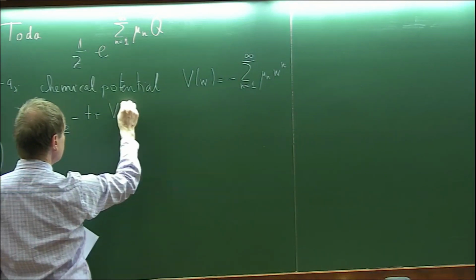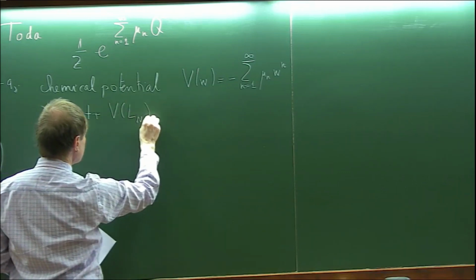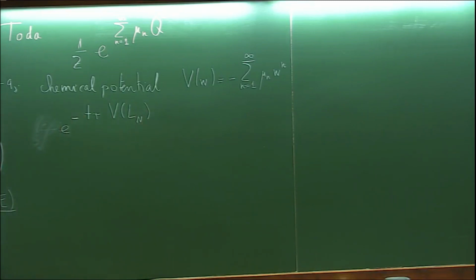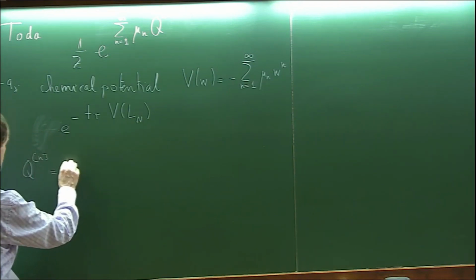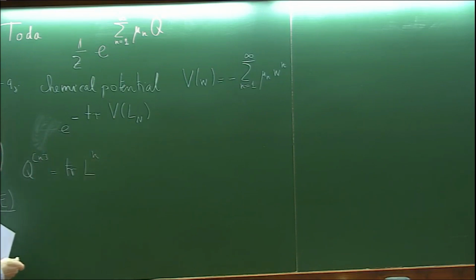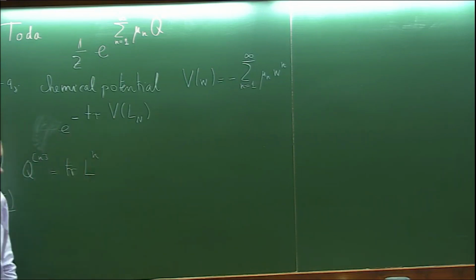There's this function V, the chemical potential, and then there's the trace. So once I have all this notation, the Boltzmann weight for the generalized Gibbs ensemble looks very simple, okay? Is that fine? I just use the fact that Q n is nothing else but trace L to the power n. And so if I do a sum over here, then I will get just a function of that matrix. Okay, that's all that I'm using.